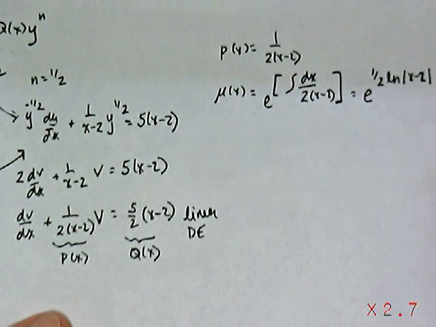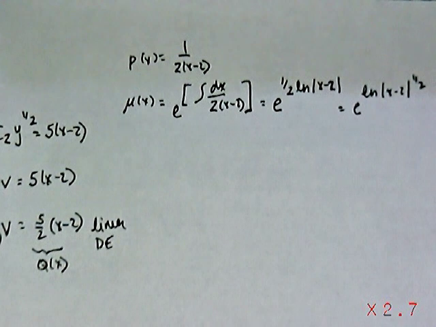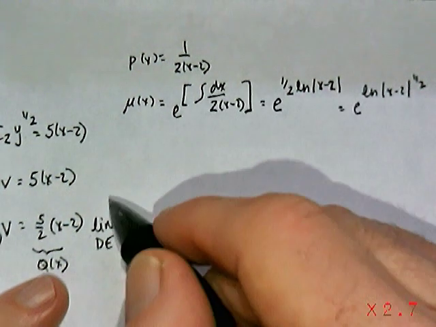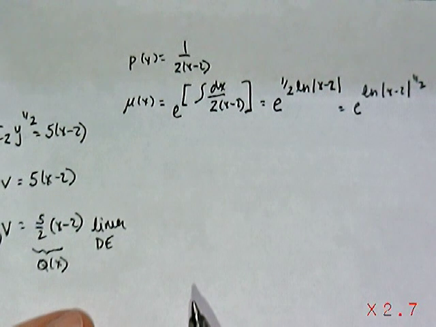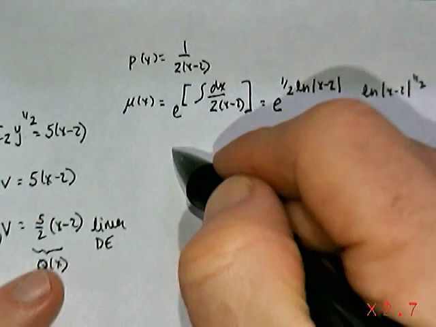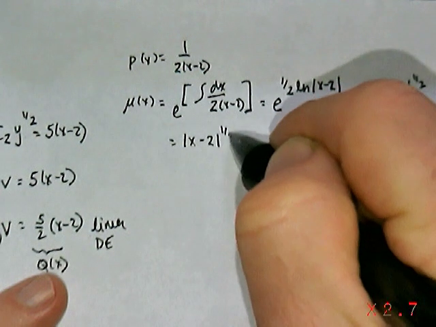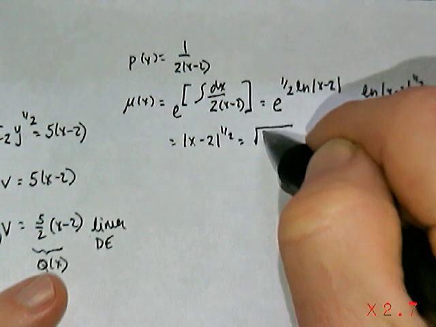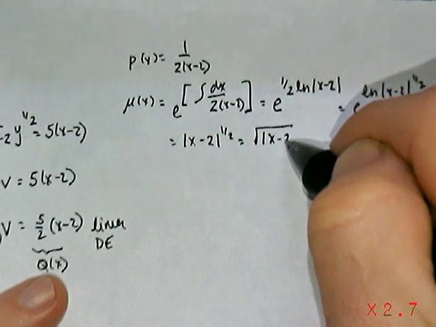That could be further simplified as e to the ln of the absolute value of x minus 2, quantity to the 1/2 power. So ultimately, just using the relationship between e and ln, the integrating factor is simply the absolute value of x minus 2 to the 1/2, or we could just write it as the square root of the absolute value of x minus 2.